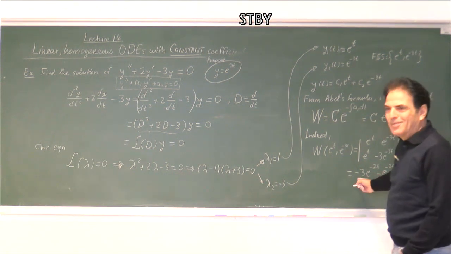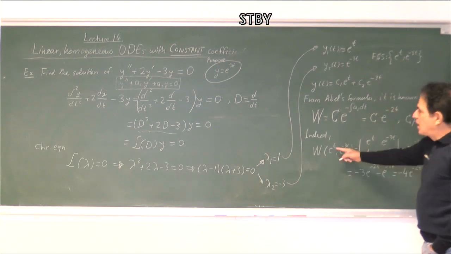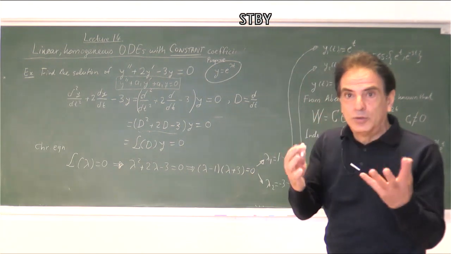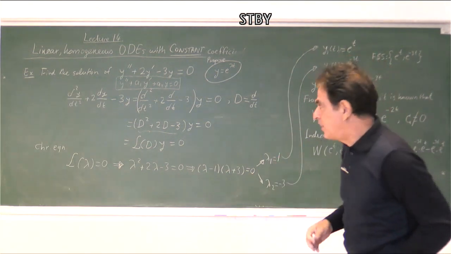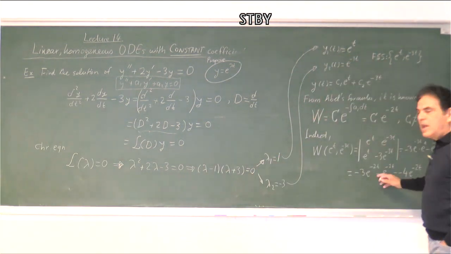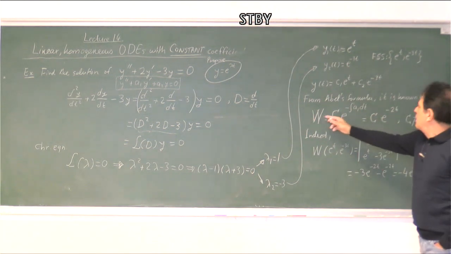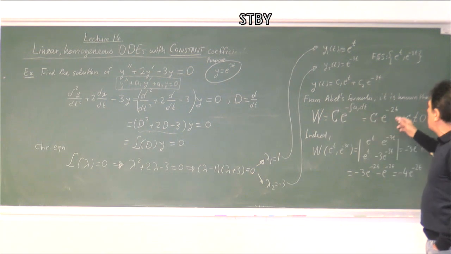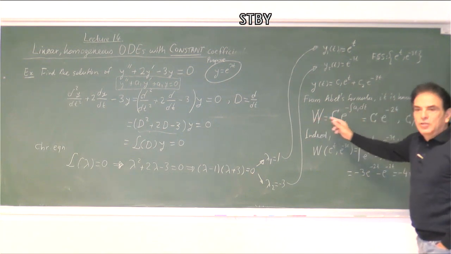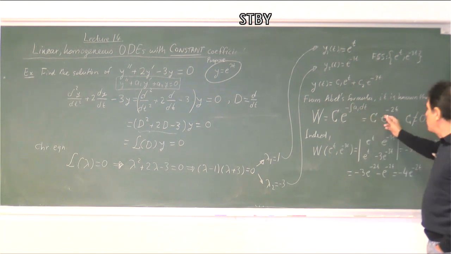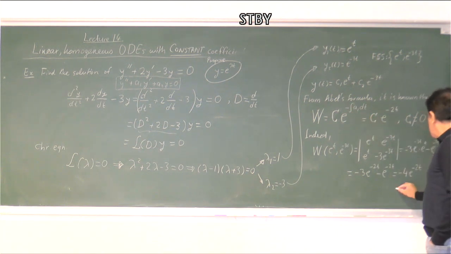As you see, the calculated Wronski determinant for the two solutions we obtained explicitly agrees with the form of the Wronski determinant suggested by Abel's formula with C equal to minus 4. Okay?